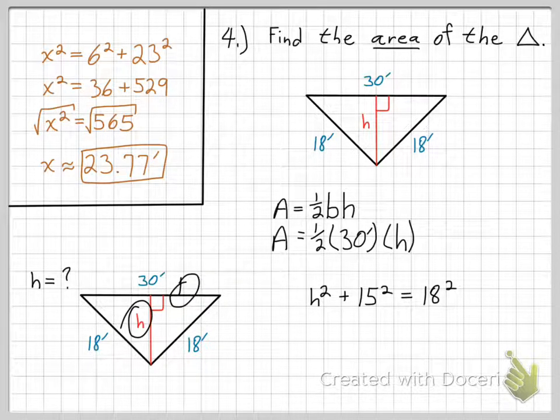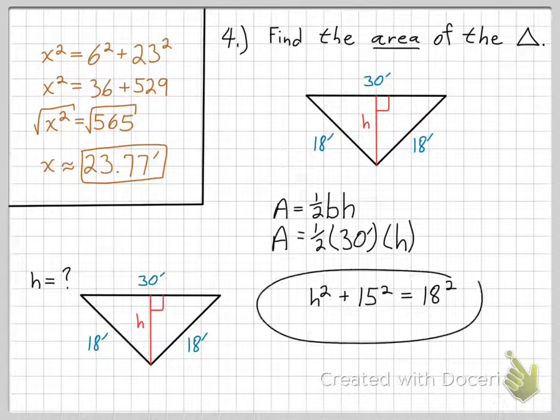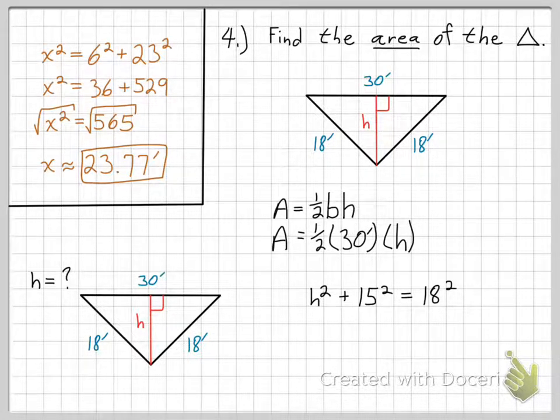Okay, so it's kind of tricky, huh? We're really trying to find the area of the triangle. So we need the formula for the area of a triangle, but we also need the Pythagorean theorem in order to find the height, which we need for this. We're going to use two equations to solve this one problem.